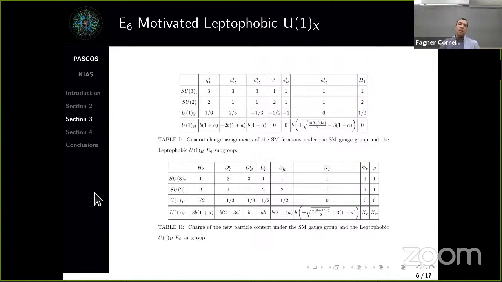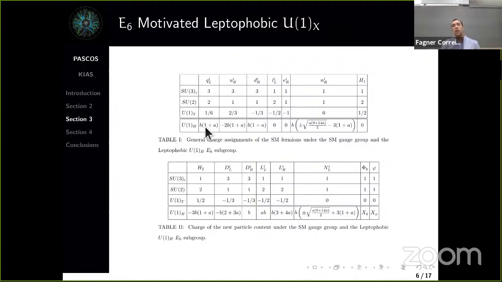And more than that, I will come to this later at the end of the talk, we notice that if you just define this B as 1 over 1 plus A, all processes in all models where the content is only the standard model content are equivalent.